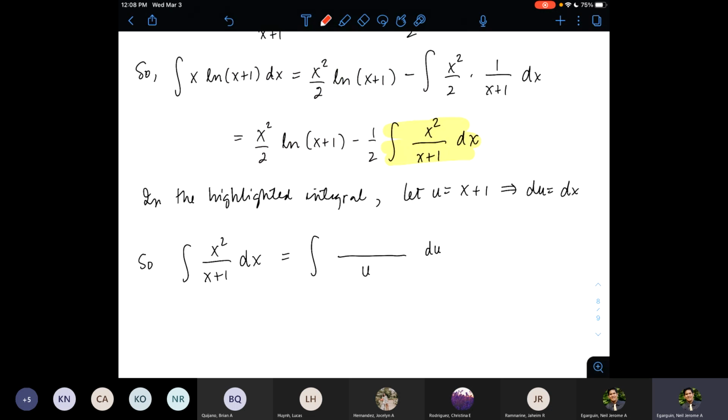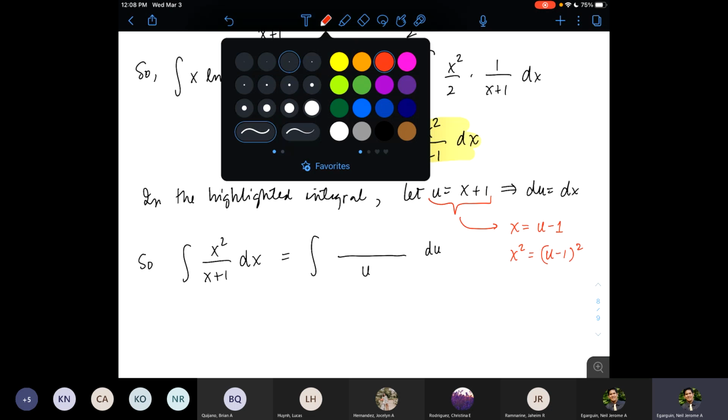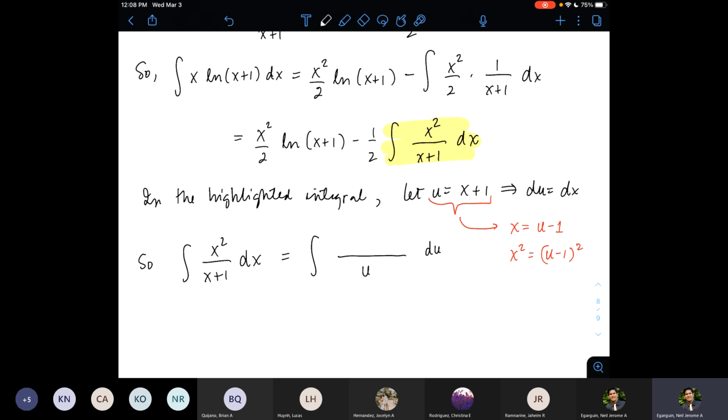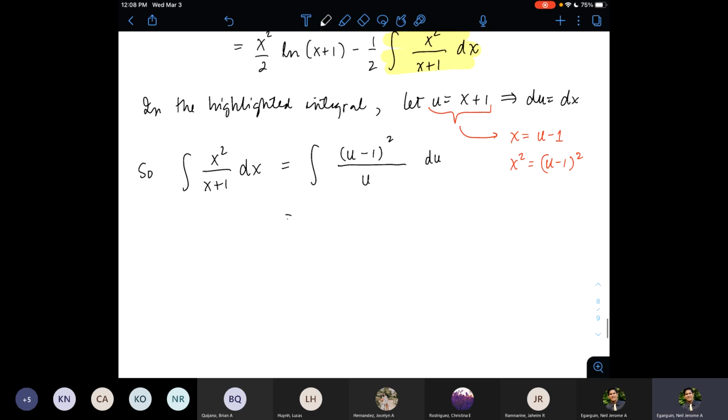If you go back to the substitution statement, you can solve for x, so x is equal to u minus 1. So x squared can be replaced by u minus 1 quantity squared. The x squared in the numerator can be written as u minus 1 quantity squared, and then I'll expand the numerator, so I'll have u squared minus 2u plus 1 all over u du.